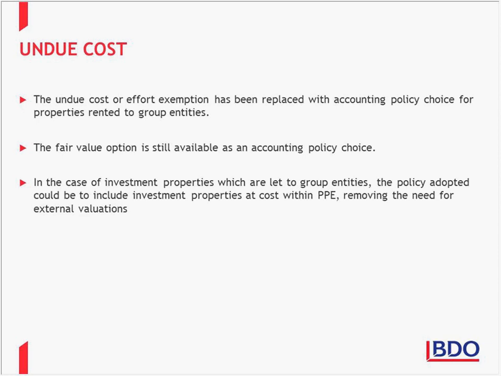Under the new rules coming through from the FRC, in the case of investment properties leased to group entities, you can make a choice around policy. You can either treat it at fair value or at cost. So that potentially removes the requirement for external valuations if you treat it at cost.